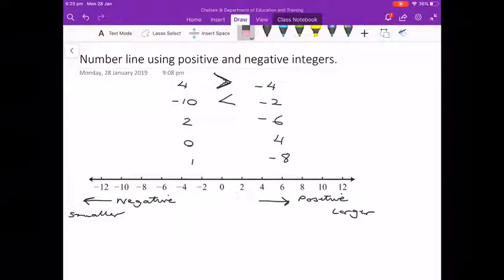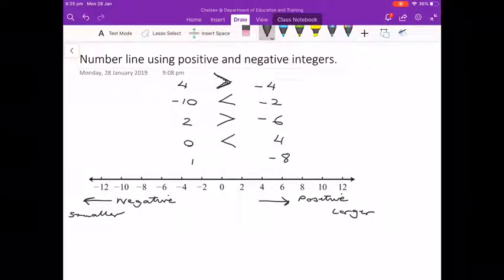We're going to compare 2 with -6. Now 2 is greater than -6 because it's further to the right. Compare 0 and 4. 4 is greater than 0, or 0 is less than 4, if we're going left to right.